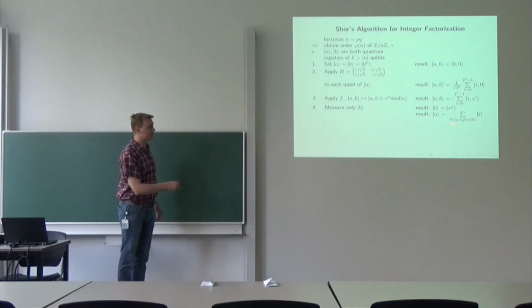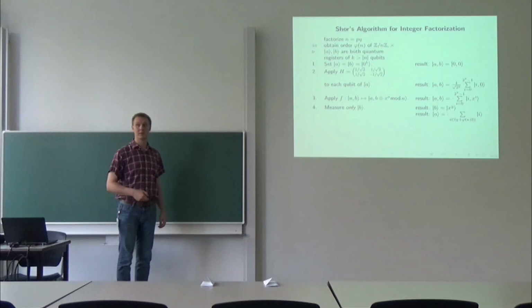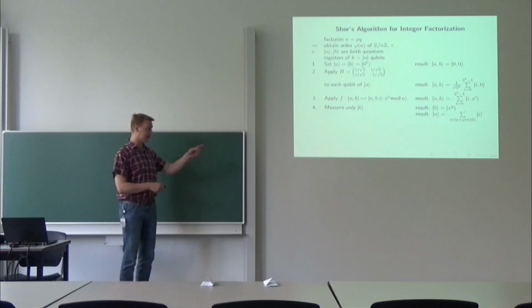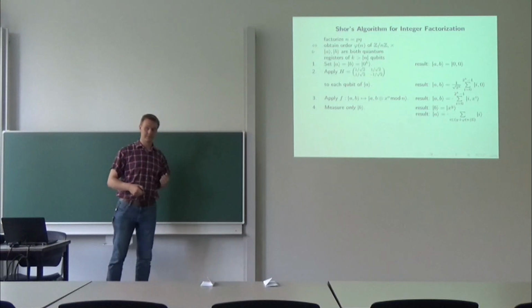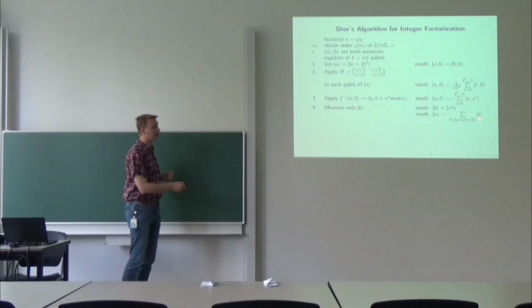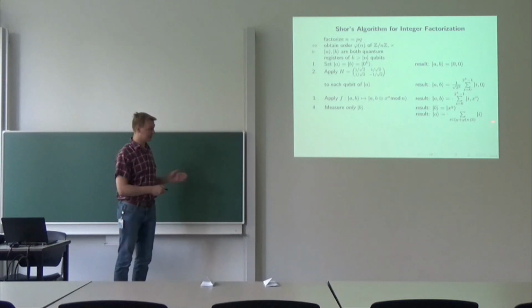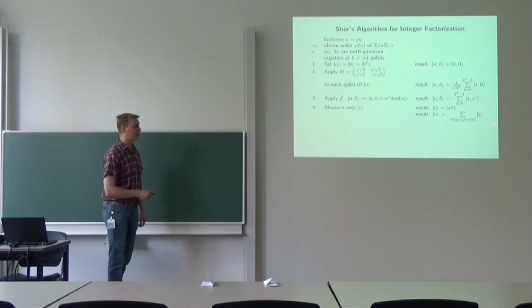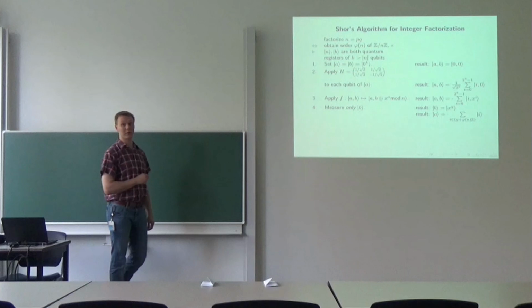Because when you choose any i from this set, then you get a valid exponent that maps x to x to the i, x to the y. Well, this is exactly an impulse train. It has a distance from t to 0, and then it has regular spikes with period order of n.